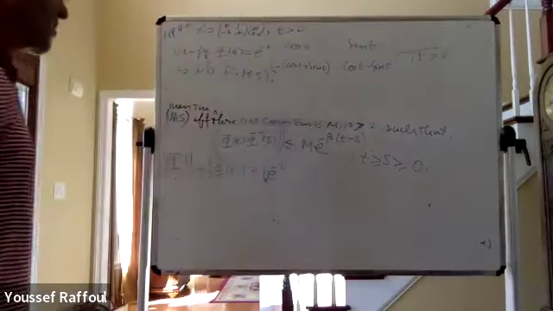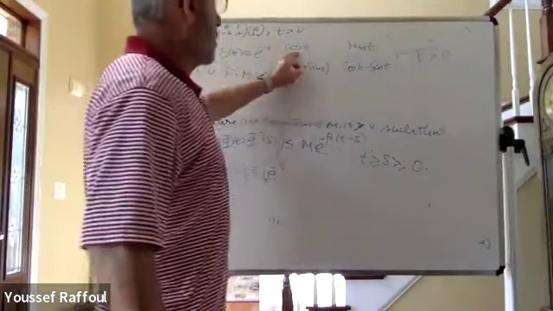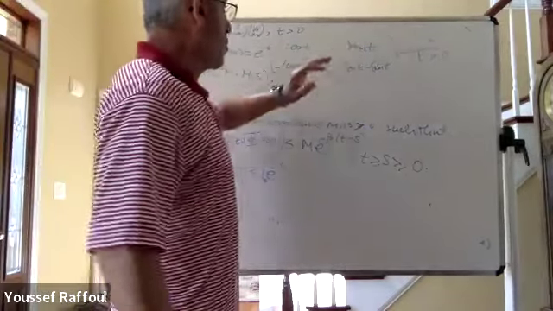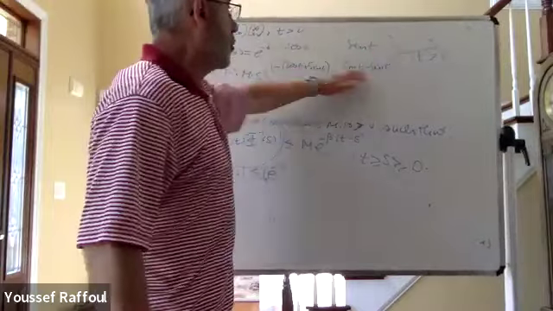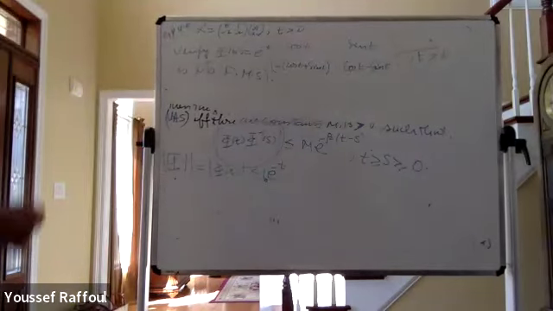So this is less than or equal to 6 e to the minus t. Okay?